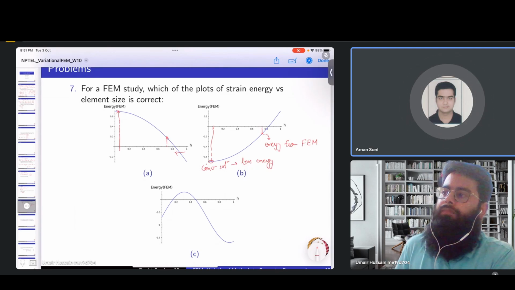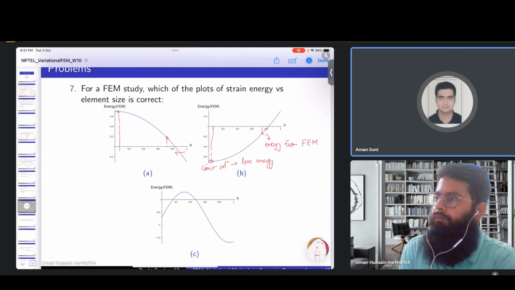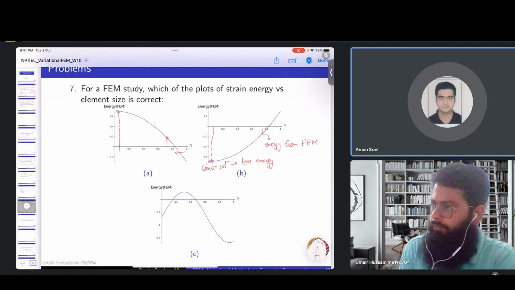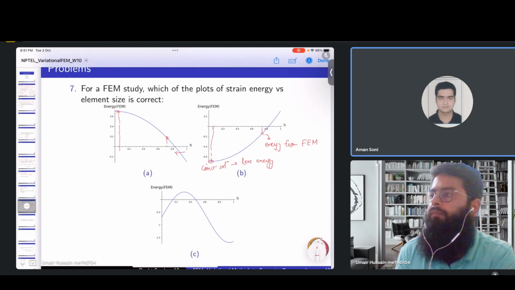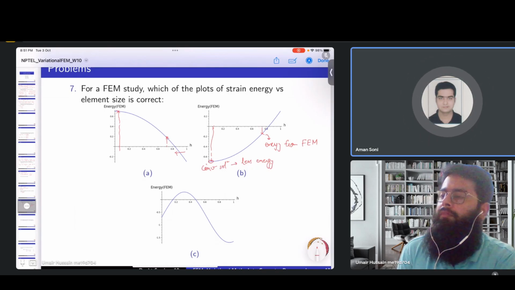For example, I'm talking about this option B. When I give refinement to our mesh, we are moving away from this h-axis, this ordinate axis, and it's showing a larger y-coordinate value. So this shows the difference between the exact and the actual.